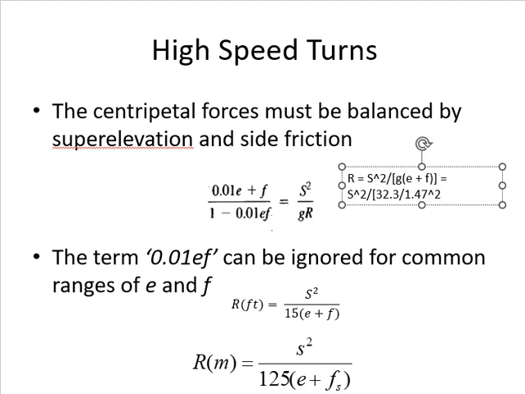So this ratio, 32.2 upon 1.47 squared, will give you 15. Yeah, don't trust me. So this ratio is basically 15. Clear?